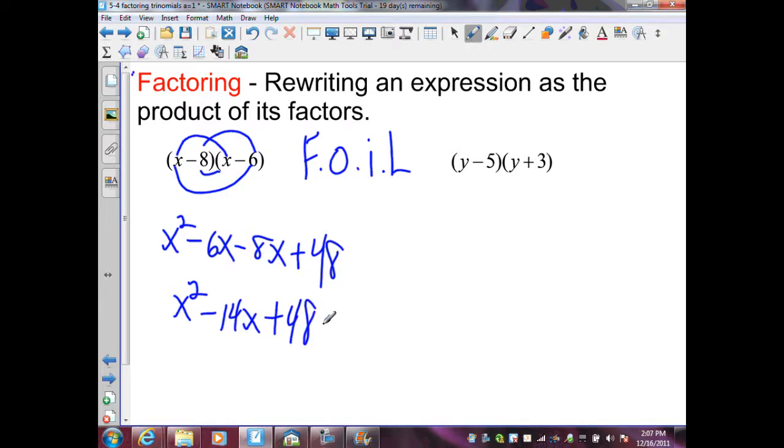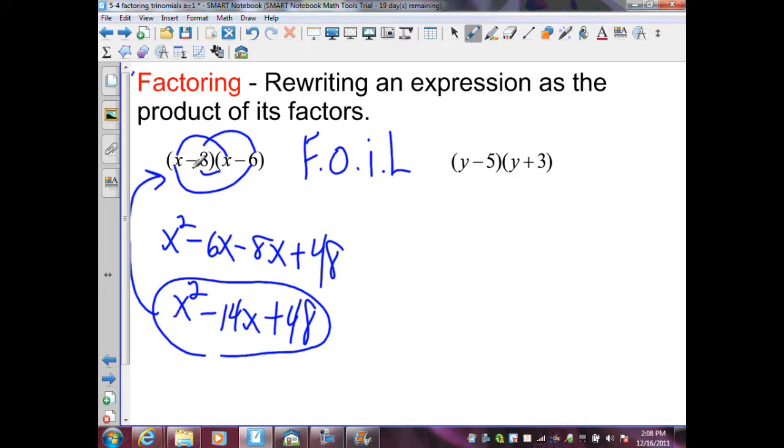And there are some things you will notice when we start factoring. I'm going to start with a trinomial that looks very similar to this. My goal is to factor this, or break it up into a product of its factors, two expressions. But I can always check to make sure I'm right by FOILing back down to that trinomial.